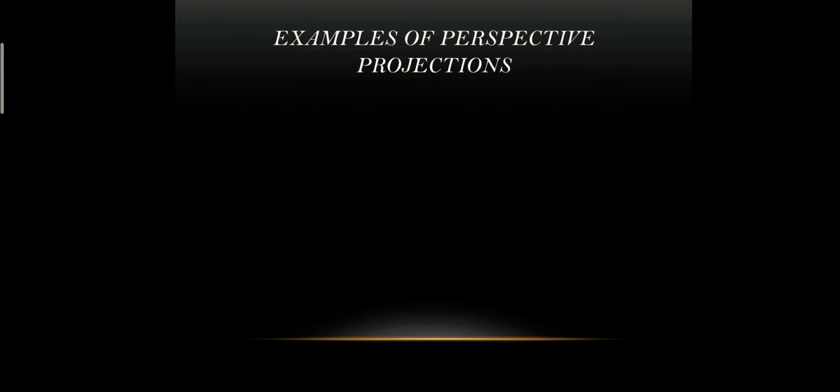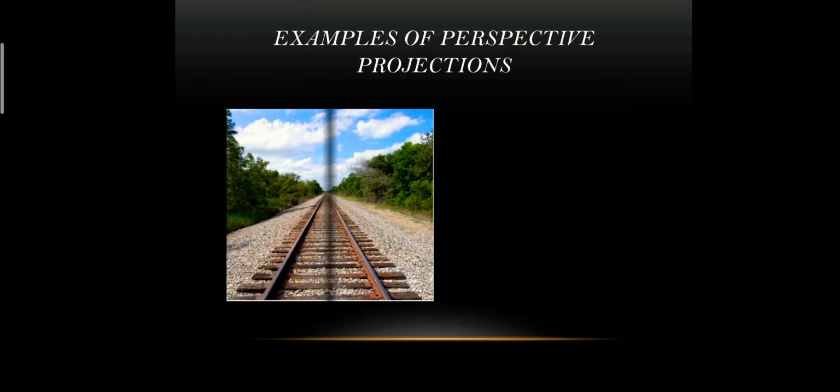There are some examples of perspective projections. As you can see, a railway track. A railway track is showing that all the lines, all the dimension lines, are meeting at a point, and the track ends at a point. This is one point perspective.